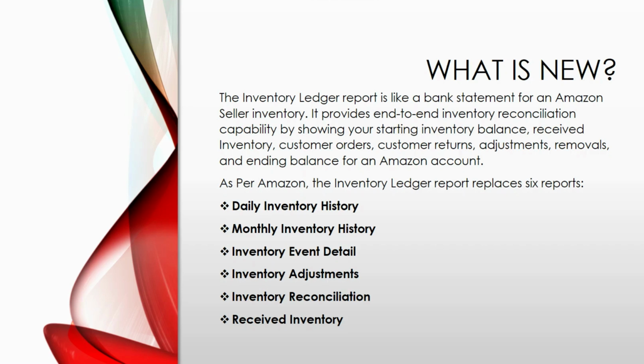All these 6 reports have been removed from Amazon Seller Central, and they are merged into the inventory ledger report, which is going to be the next point of interaction for everyone selling on Amazon who wants these details about their inventory.